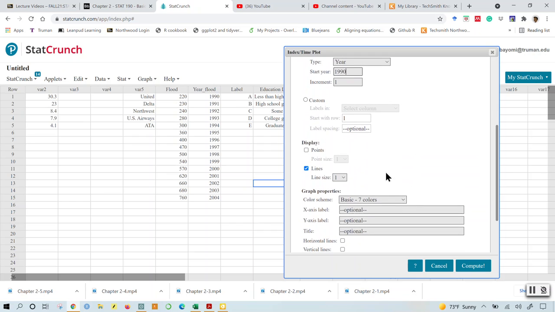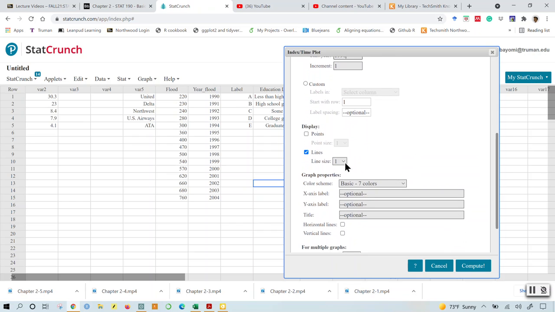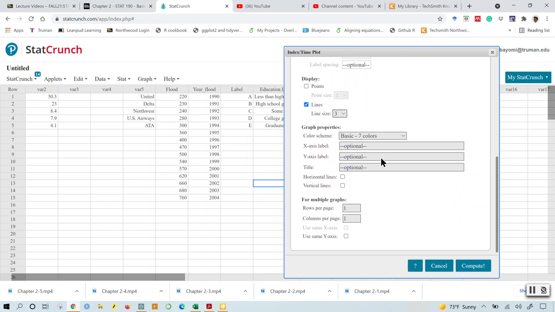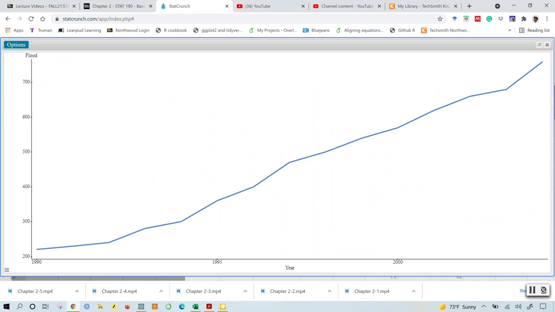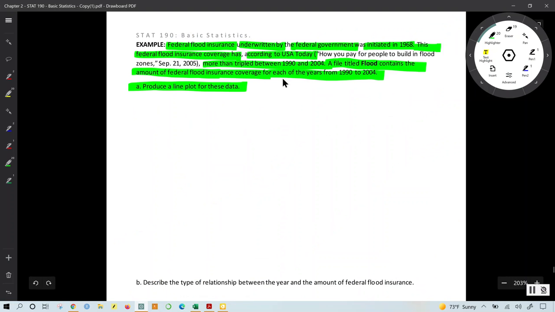Then usually, I encourage my students to increase the line size to about 3 so that it's bold. And then click on Compute. And I am going to zoom in on the line plot. So here we have the line plot, and that satisfies the requirement of this question.